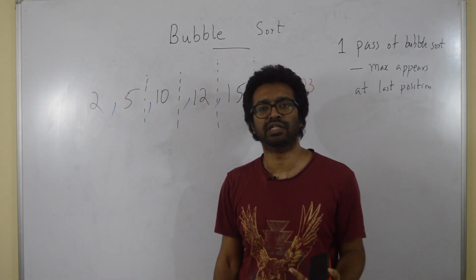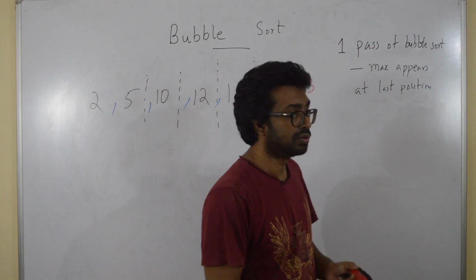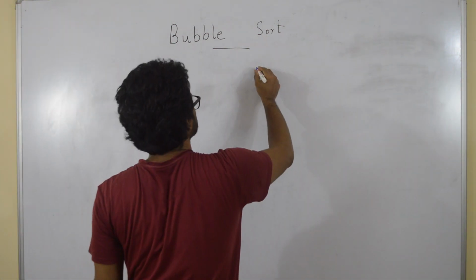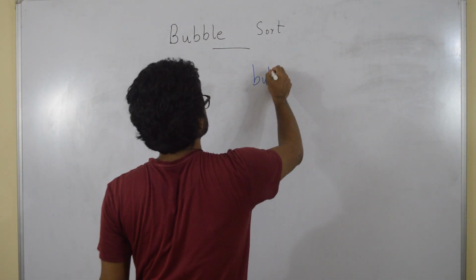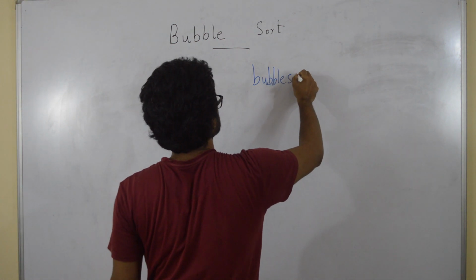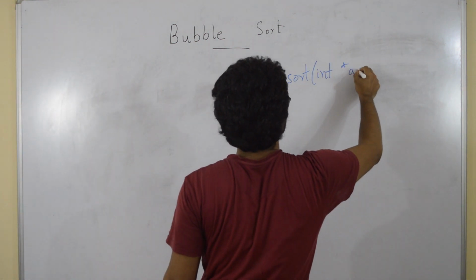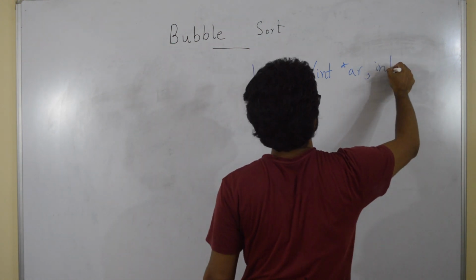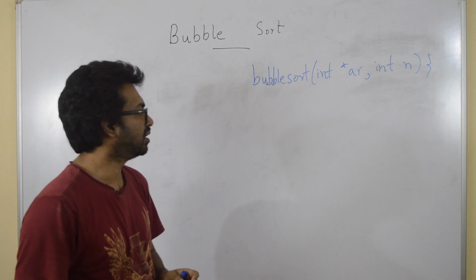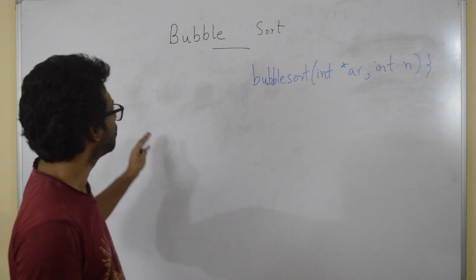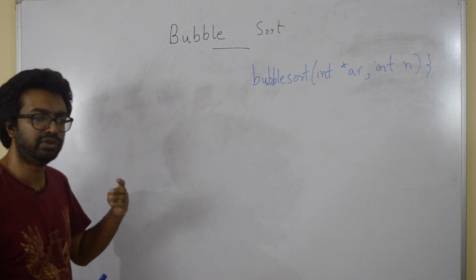So this is bubble sort. We are now going to write this algorithm. First, we need to decide how long we should keep doing this bubble sort.